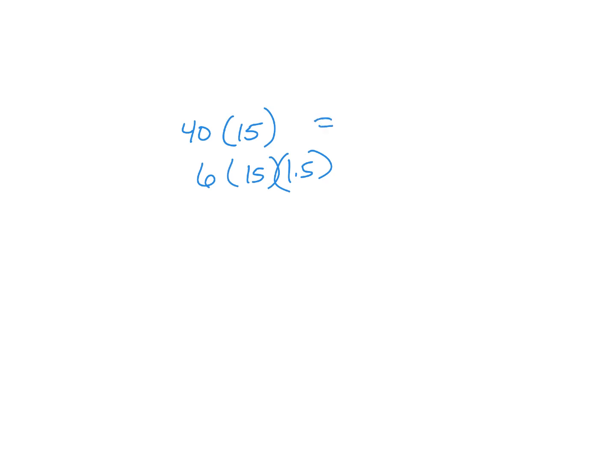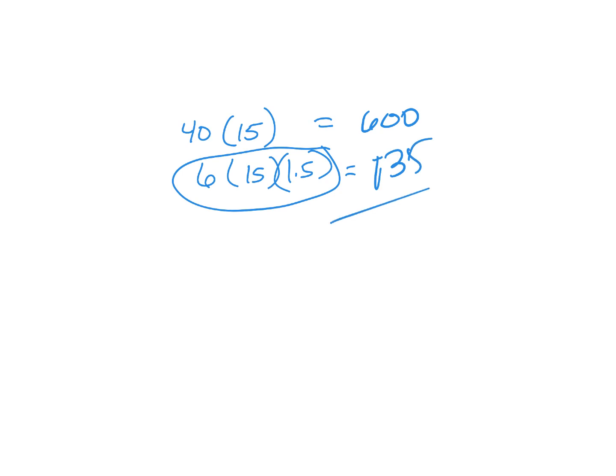What's 40 times 15? 600. 15 times 1.5 is 22.5, times 6. Multiply those three numbers together. 135. So he made $735 this week.